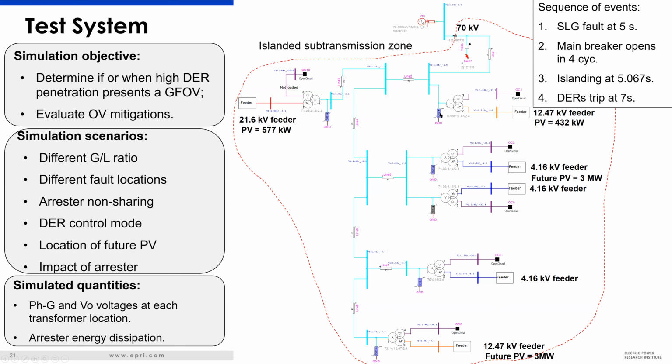And this is a summary of key findings. Basically, at 0%, with no PVs, we had a base 1.45 PU overvoltage. The reason for this is the motor loads. Some of them operate in generator mode after islanding, and that leads to an overvoltage.